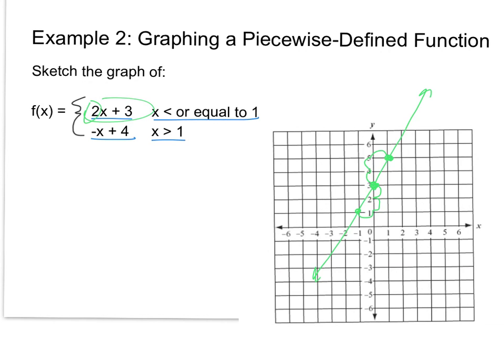Well, I have to now make my decision about my domain, and so because x is less than or equal to 1, I've got to go to x equals 1, and that's this point here that I'm defining in red. And it could be equal to 1 for this function, so that's a full dot, but it's got to be less than that.